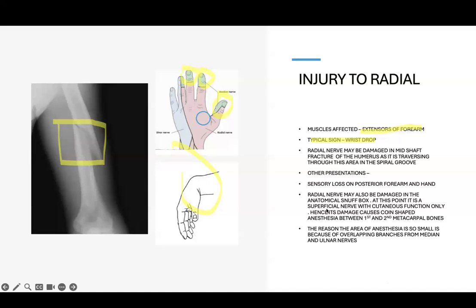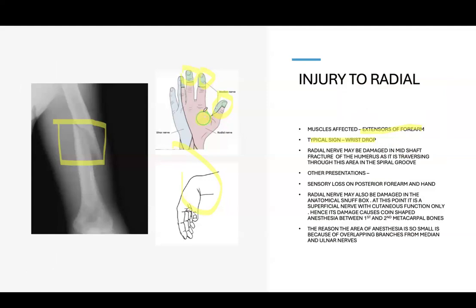So really, the damage at this point is not as severe as it was earlier, and you're only going to have slight anesthesia because it's a superficial cutaneous branch, and the anesthesia will be over here in this small circle.